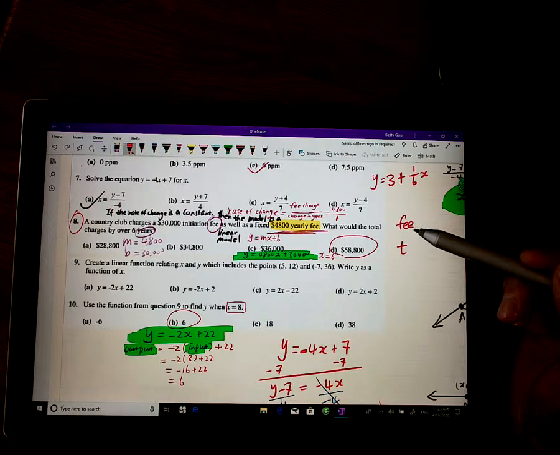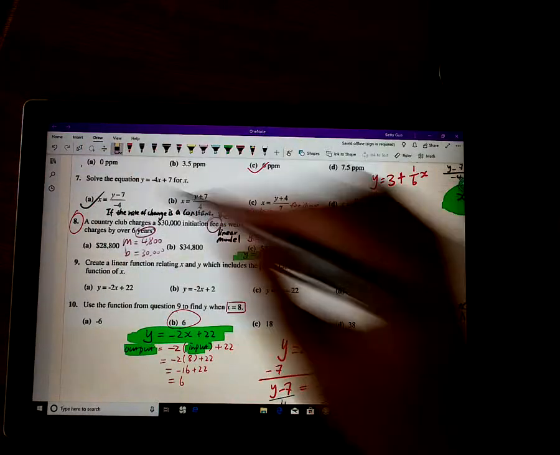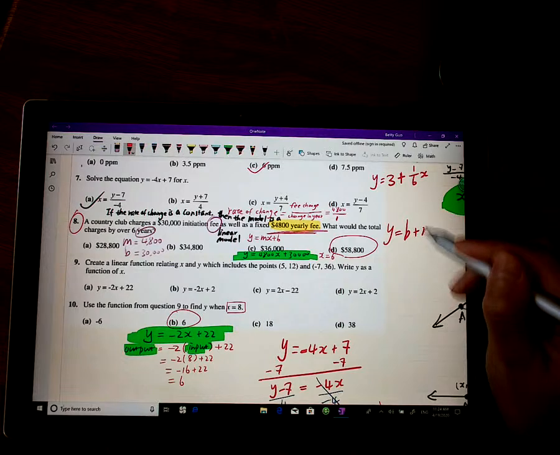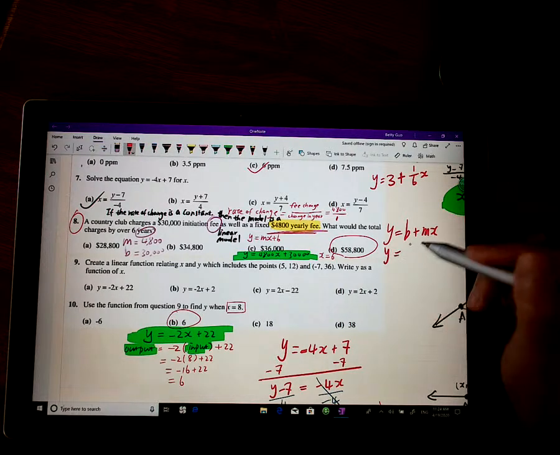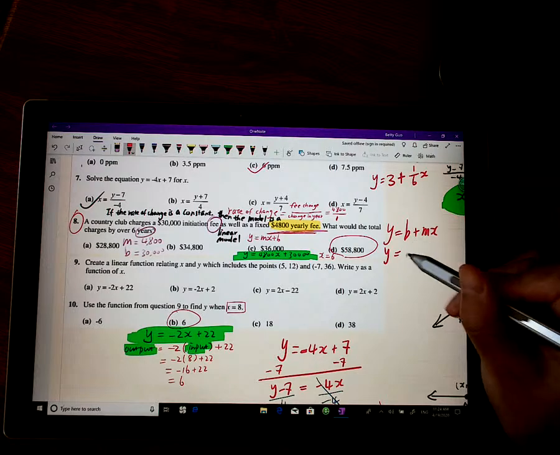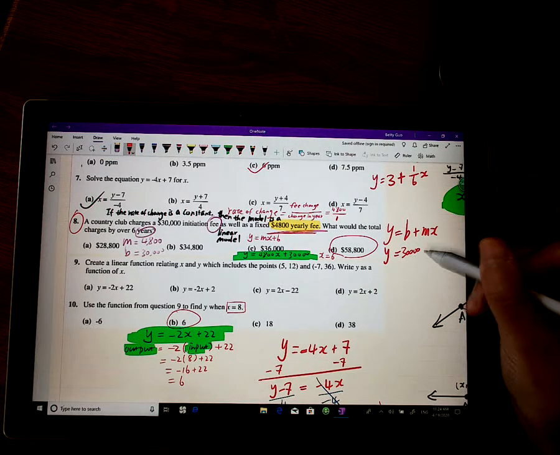Linear modeling problem, the function is y equals mx plus b, right? Or y equals b plus mx. b is the initial value. Initially, you need to pay 30,000 at the very beginning, up front.